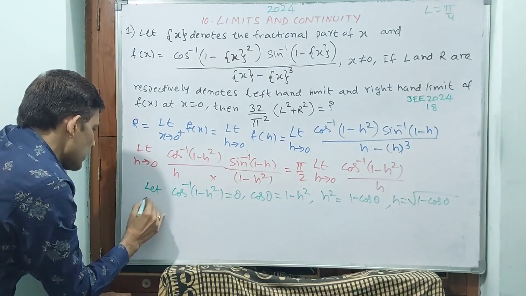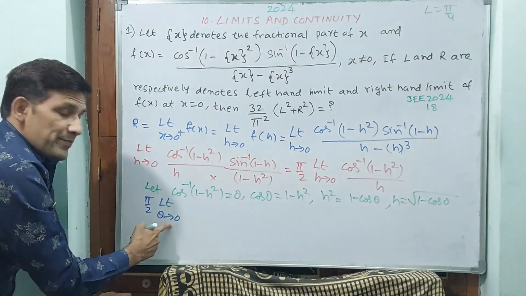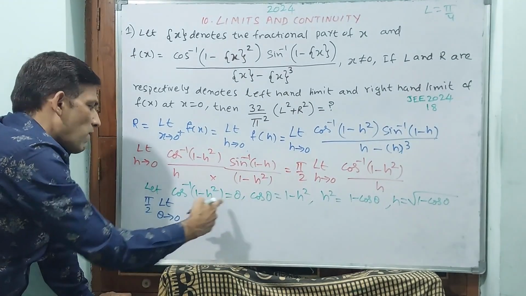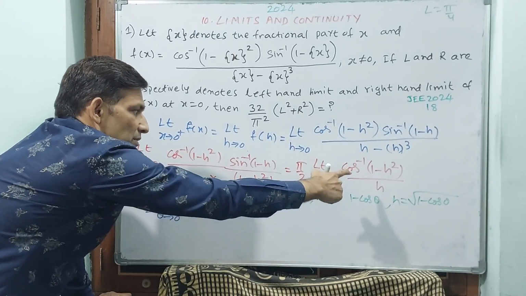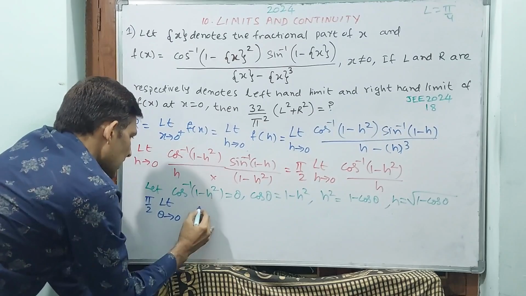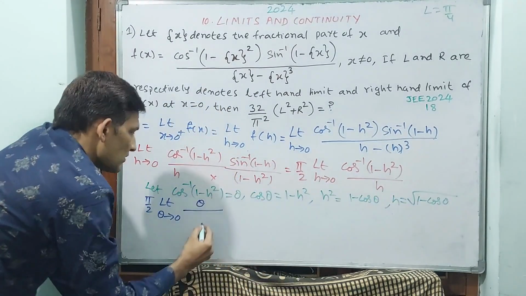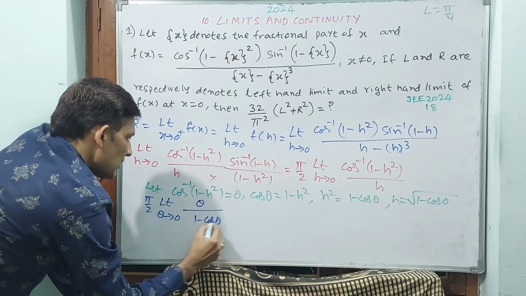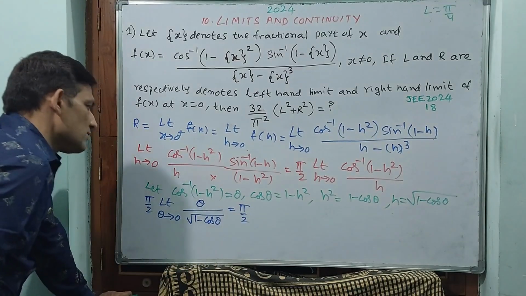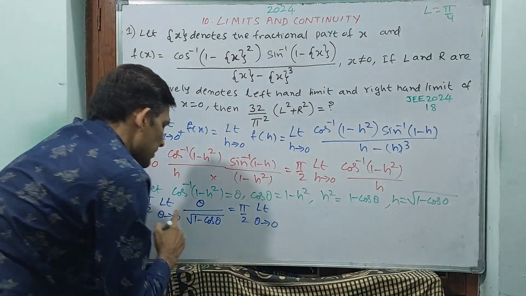That means again write pi by 2, and now theta tends to 0, I have to write. Why? Because I am converting it into theta. The numerator, cos inverse of 1 minus h square, is theta, divided by the denominator h, which you write as the square root of 1 minus cos theta. That is equal to pi by 2, and the limit as theta tends to 0, first I am writing temporarily.